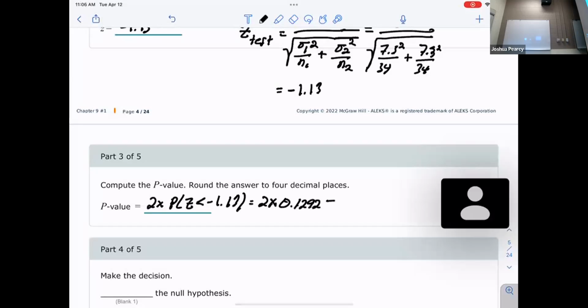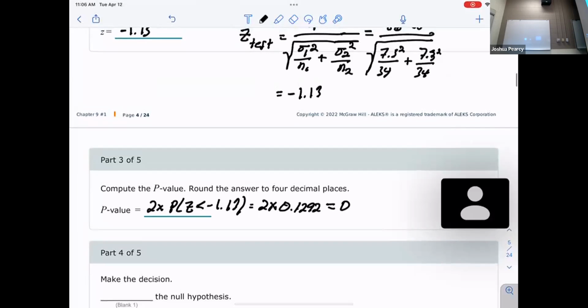And what is that? Should be 0.2584. Is that right? And that's the answer to that part.